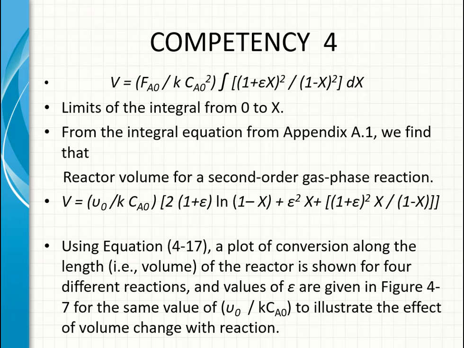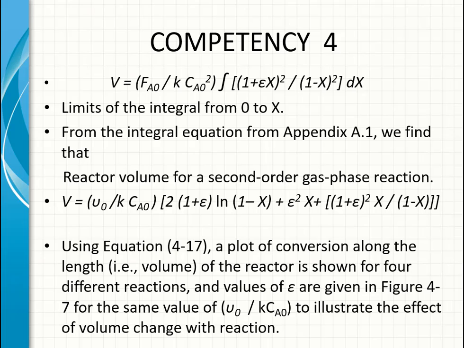So we will have that the volume is going to be FA0 divided by k CA0 squared, times the integral of (1 plus epsilon X) to the second power divided by (1 minus X) to the second power, from 0 to X.